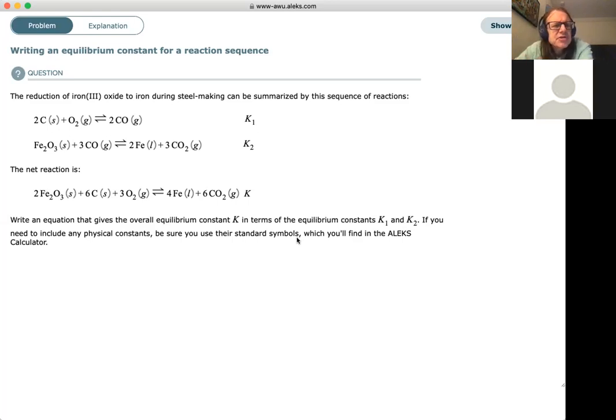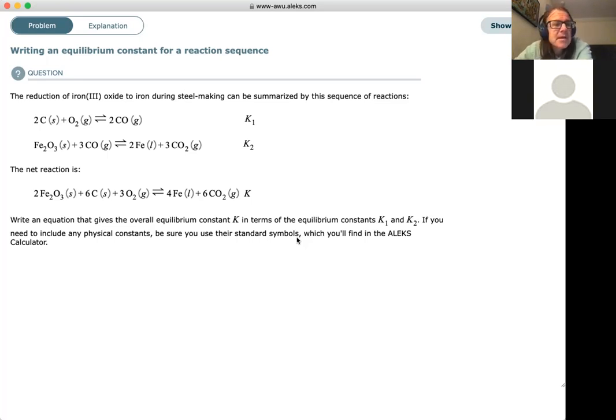So it says here that the reduction of iron 3 oxide to iron during steel making can be summarized by the sequence of reactions. The first reaction is 2C solid plus O2 gas in equilibrium with 2CO gas. So that's carbon plus oxygen to form carbon monoxide. And there's a K value for that. We'll call it K1. There's no number here, but there's the value.